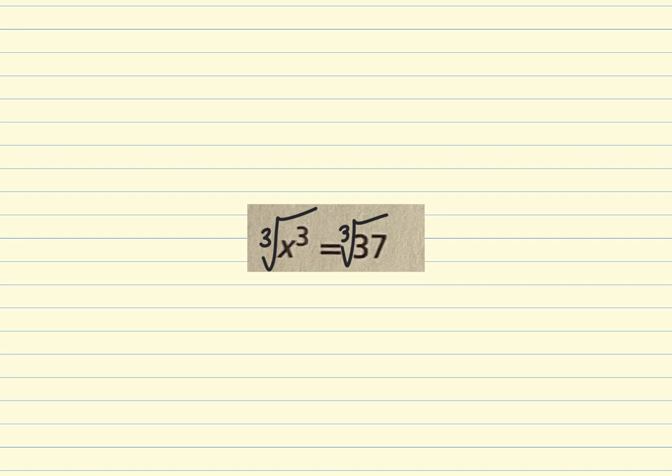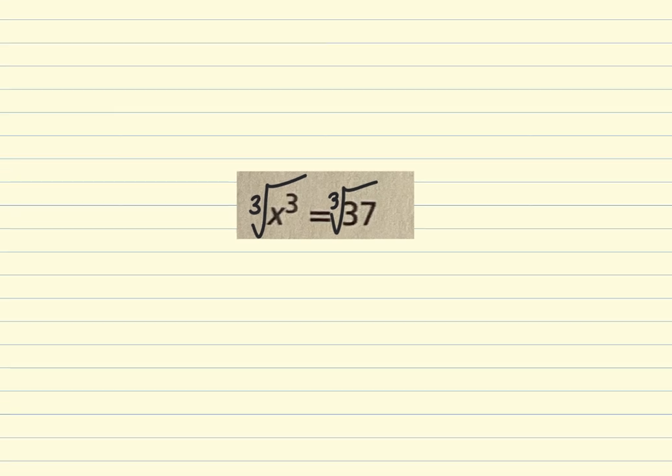The cube root of 37 is not a perfect cube. If I do 2 times 2 times 2, I get 8. 3 times 3 times 3, I get 27. 4 times 4 times 4, I get 64. So 37 is not a perfect cube, okay?